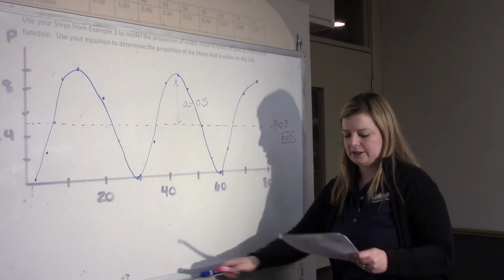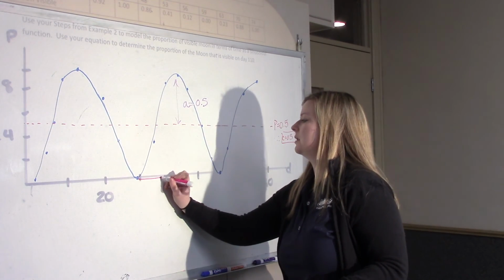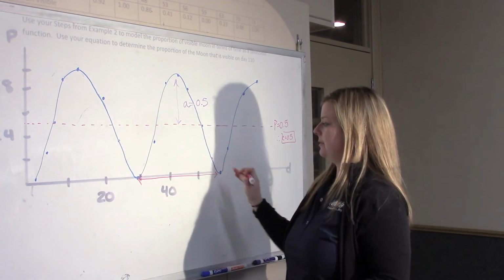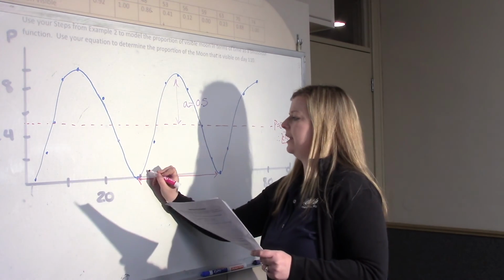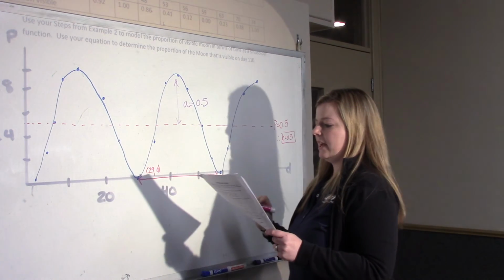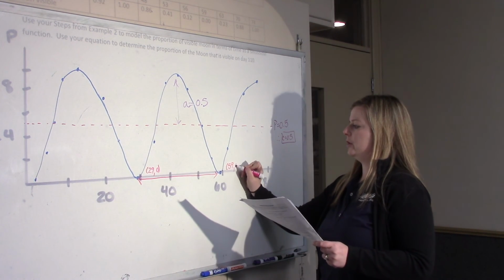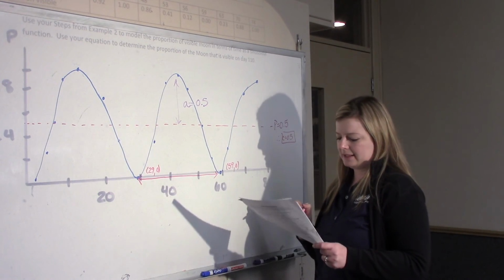Now we need to take a look at the period. I find it simplest to go from min to min, because we know the values. This was at 29 days, this was 29, 0, and this was at 59 days. So we just have to know what's the length between 29 and 59, how many days is that?